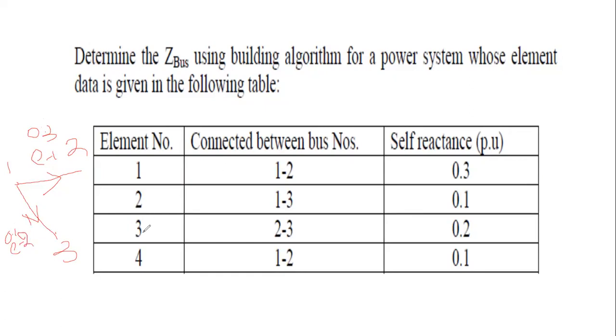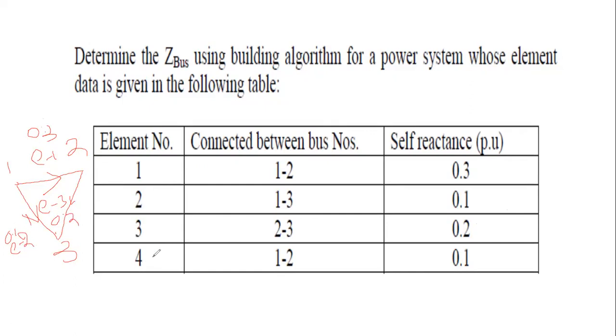Next, element 3 is connected between 2 and 3. This is element 3. What is its value? It is 0.2.